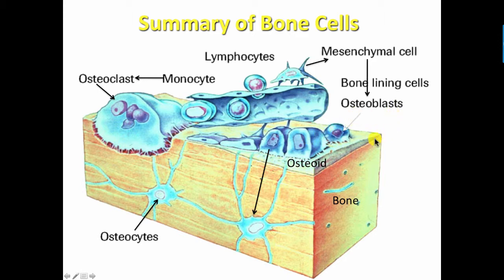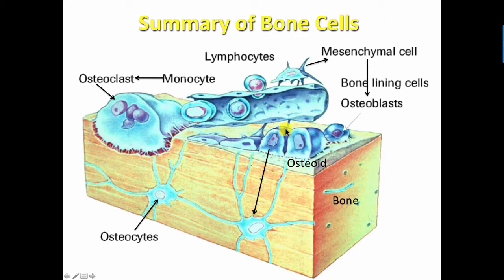Osteoblasts synthesize the precursor of bone called osteoid, and then this osteoid is converted by mineralization, which is also carried out by the osteoblasts, into bone. An important point for you to remember is that in contrast to cartilage, bone formation always takes place appositionally. That is, new bone is deposited on the surface of old bone.